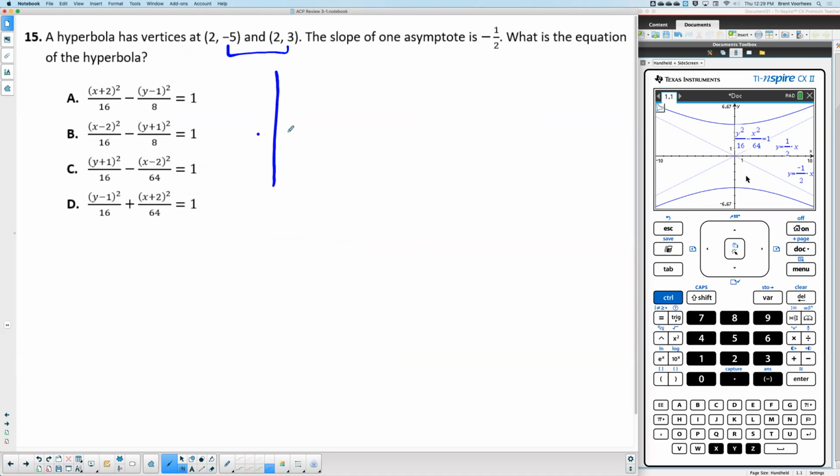What's the middle of that, 0, 1, 2, 3, 4, 5, -5, and 1, 2, 3. What's the middle value between those two? It's right there, -1. That means that's what the y equals. And so in the parentheses, was the answer C? It would be y plus 1. The opposite. Yeah, that's how you do it. Great question. So that's topic 3.